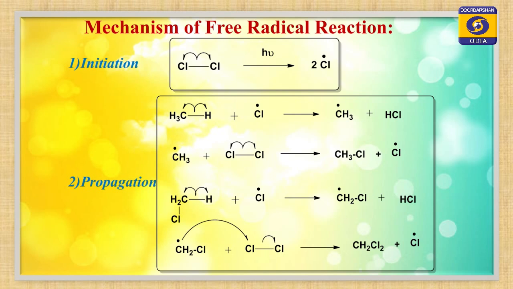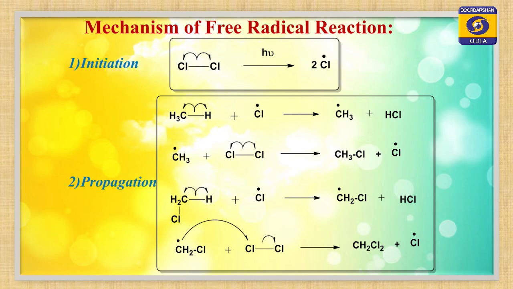Very simple. Cl2 is a molecule and both chlorine atoms are bonded by a single bond. When you apply sunlight, or diffuse sunlight, the bond undergoes homolytic fission or homolysis to produce two chlorine free radicals.